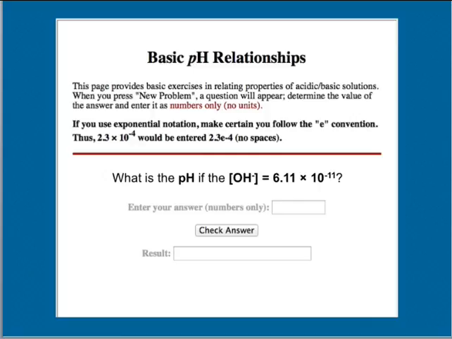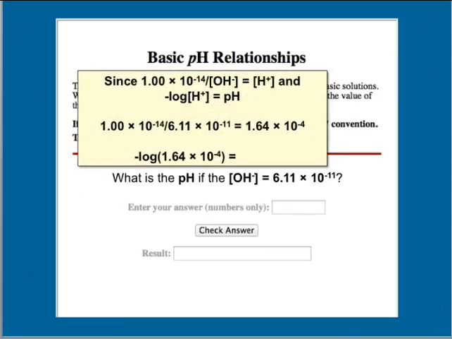Once we know hydronium, we just take its log, change the sign, and we have pH. We're going to take 10 to the minus 14 divided by hydroxide to get hydronium. So we were given hydroxide was 6.11 times 10 to the minus 11. 1 times 10 to the minus 14 divided by that gives us this.